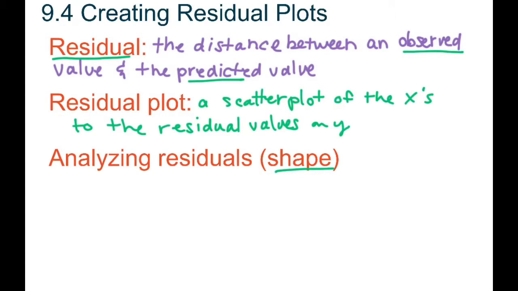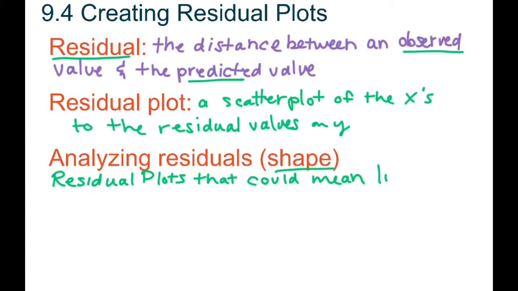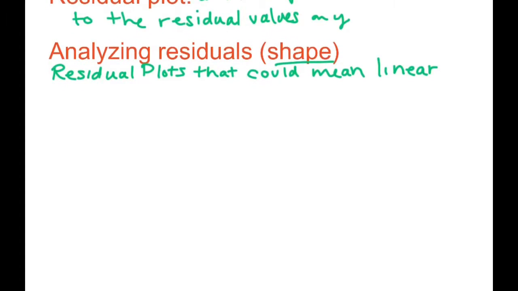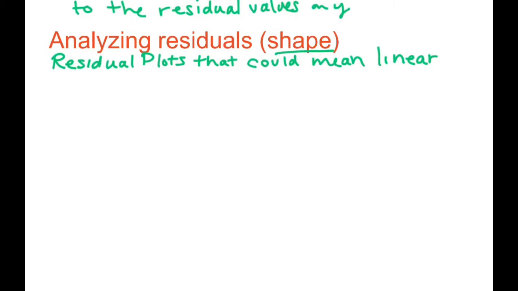These are residual plots that could mean it's a linear relationship. And then I'll show you some that could mean nonlinear, so we'll do that underneath. We're leaving some space.